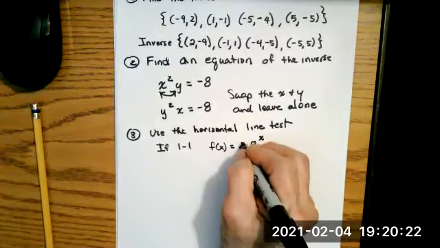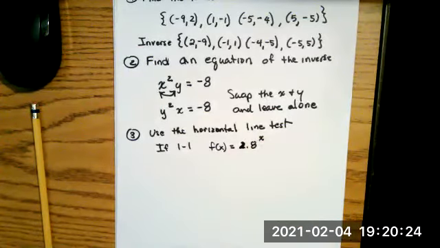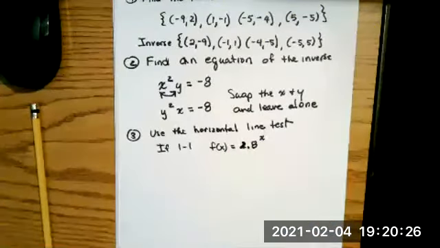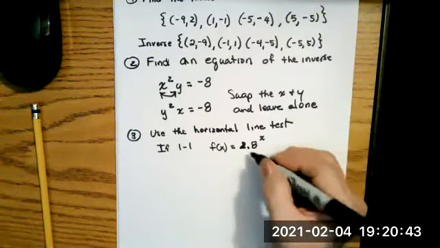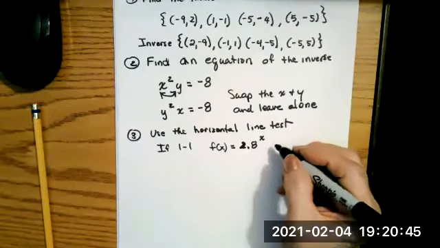Now, we haven't done these yet. 2.8 to the x. Those are called exponential functions. A great exponential function example that we're having right now is the coronavirus. If you take a segment of it, you can actually do the graph of it.